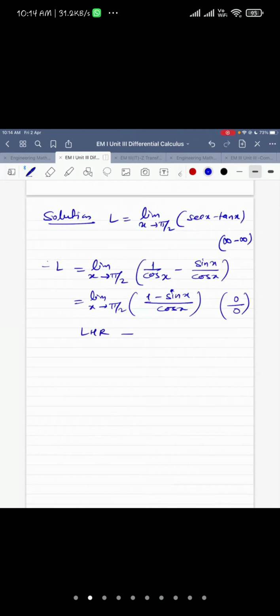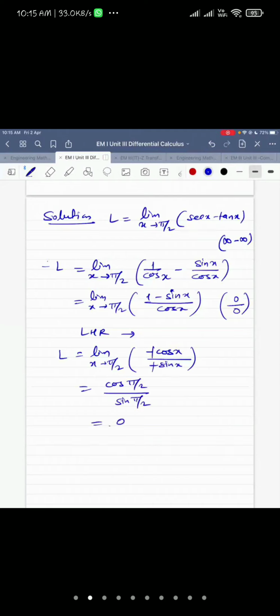Now you apply LHR. So it gives limit x tending to pi by 2, and now the derivative of 1 is 0, the derivative of sin x is cos x, and the derivative of cos x is minus sin x. This negative sign is getting cancelled. But what is the value of cos pi by 2?